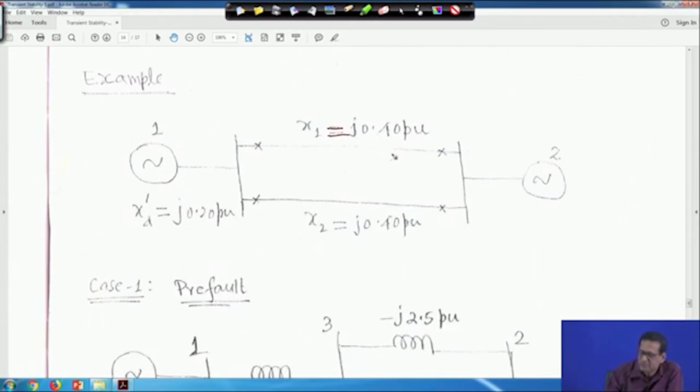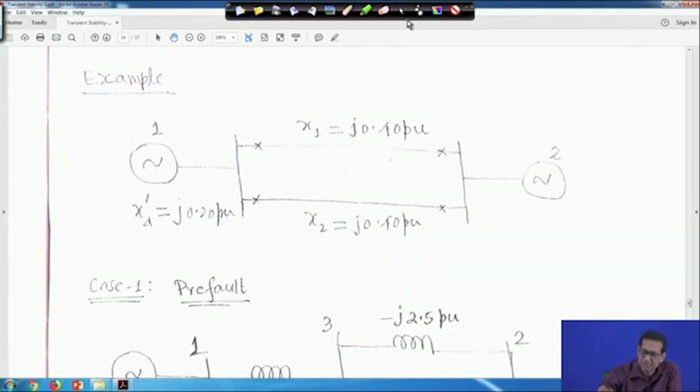So, x 1 is the line reactance, R is neglected, j 0.40 per unit, and it is a double circuit line, and x 2 is j 0.40 per unit, both are same, and this is x d dash equal to j 0.20 per unit, and this side nothing is given. So, we have to find out the pre-fault, fault and post-fault Y matrix.